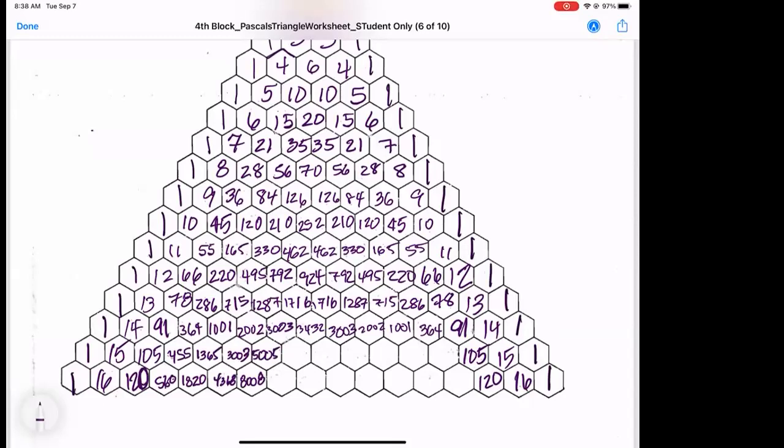That's 5, 6. 11,440. And then 12,870. It's kind of like a normal triangle, but bigger.